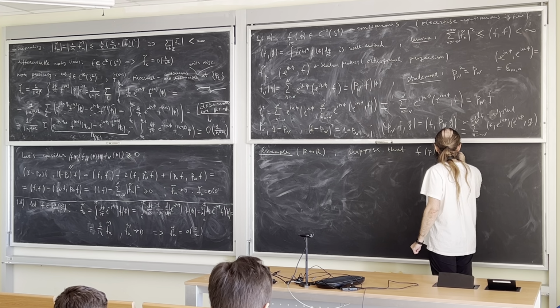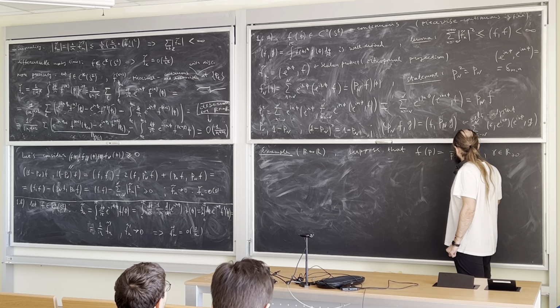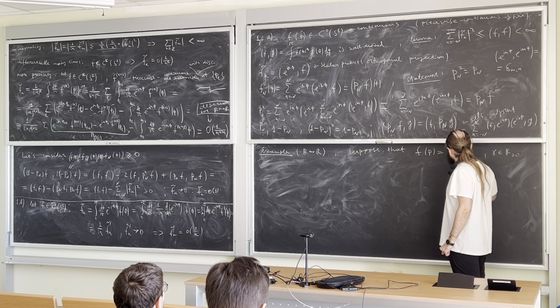And gamma is some complex, let us say that gamma is a positive real number. So it is a function that has a pole in the complex plane at point minus I gamma.